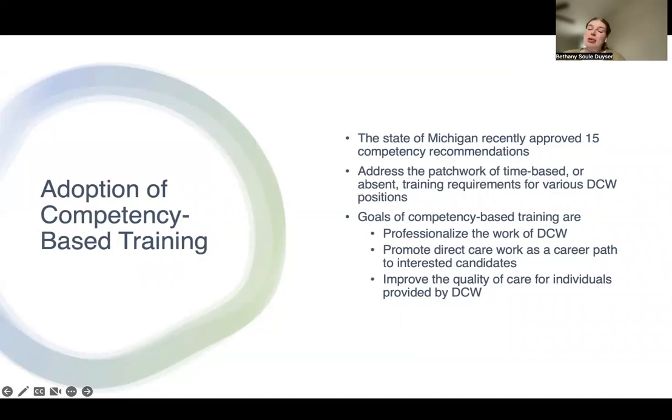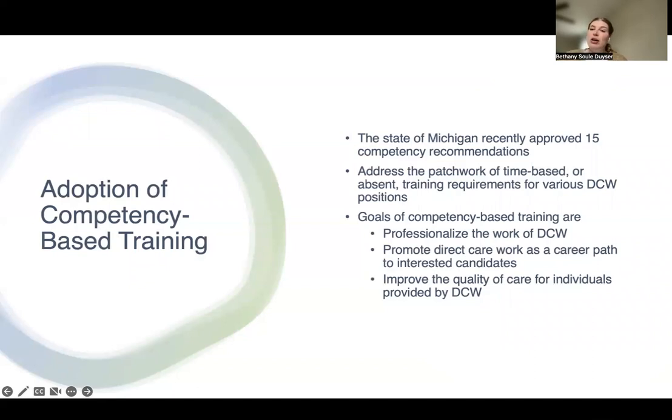And these 15 competency recommendations address all of the key skills, knowledge, and requirements necessary to work as a direct care worker. The goal of using a competency-based training framework is to professionalize the work of direct care workers, promote the career path to potentially interested candidates, and also to improve the quality of care that's provided to individuals by direct care workers, right?